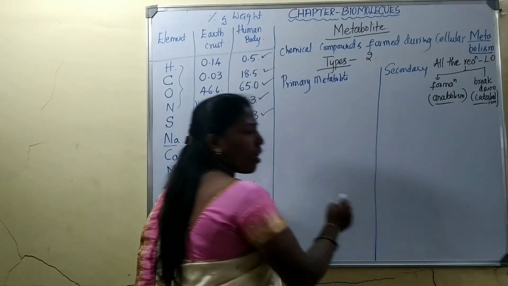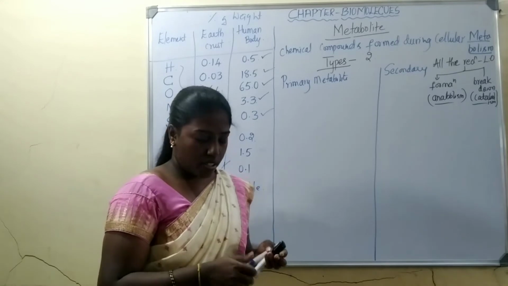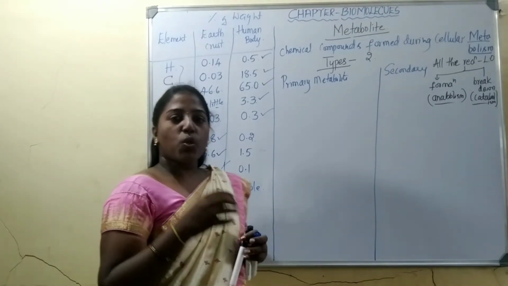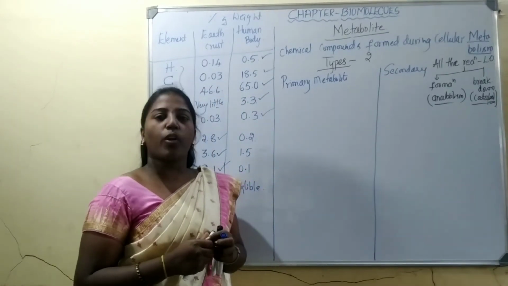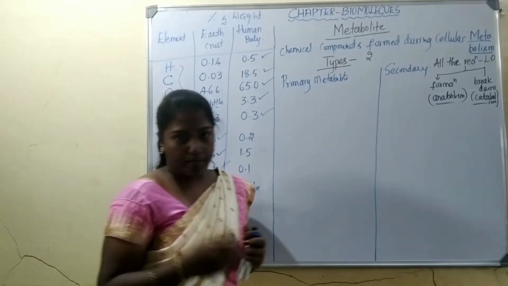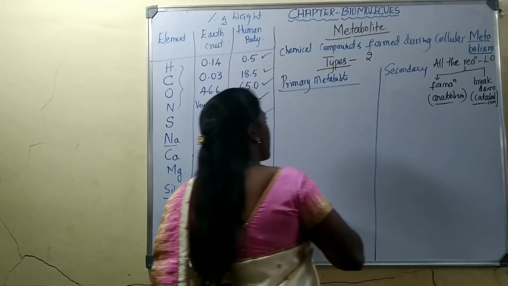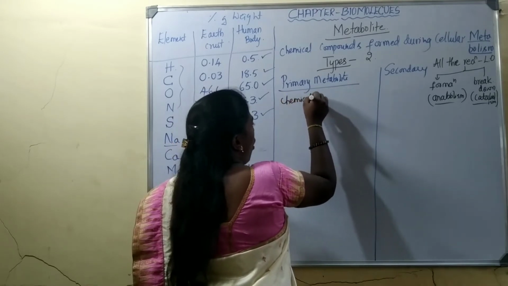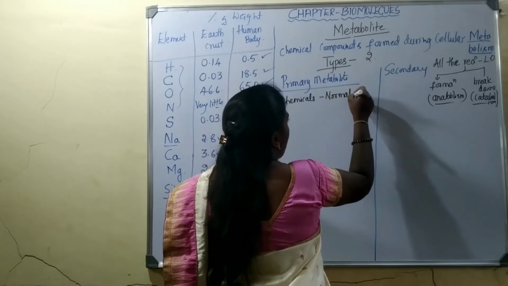First we'll discuss the primary metabolites. What are primary metabolites? Primary metabolites are the products or chemicals formed during normal metabolism.